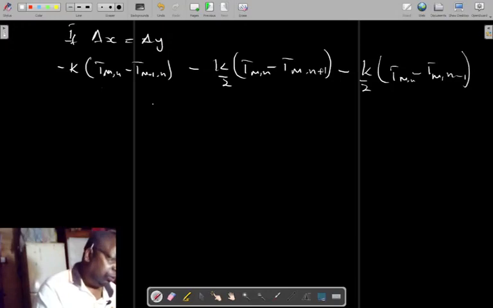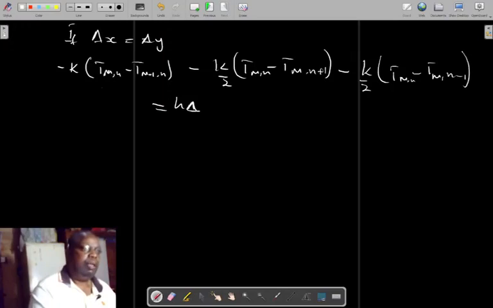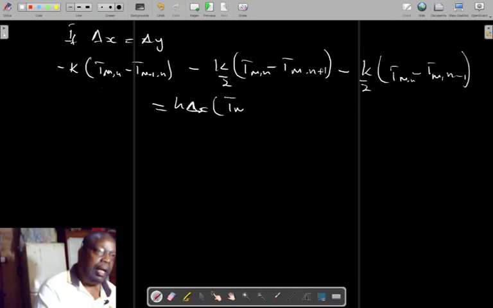which is equal to H delta Y, but we said that delta Y is equal to delta X, so we can just put delta X, T M,N minus T of the surroundings.